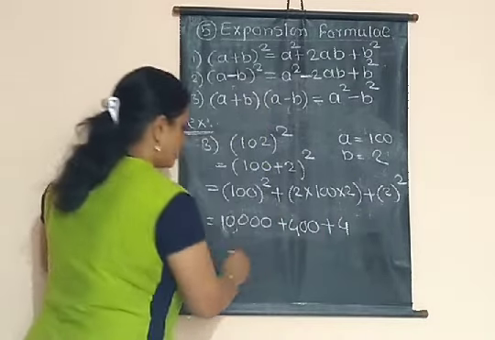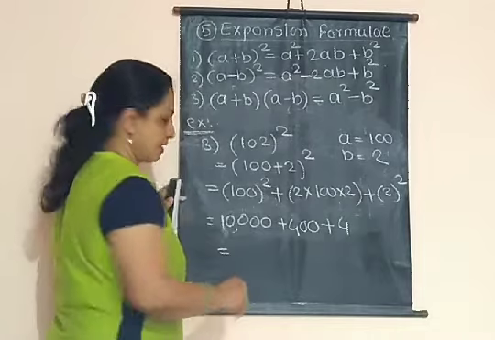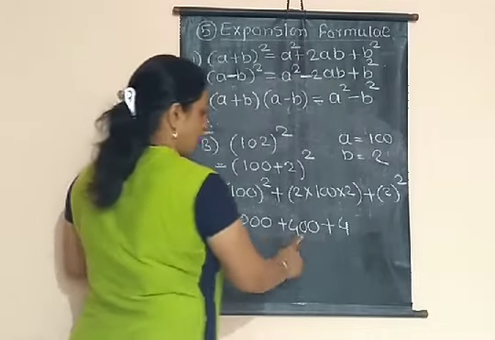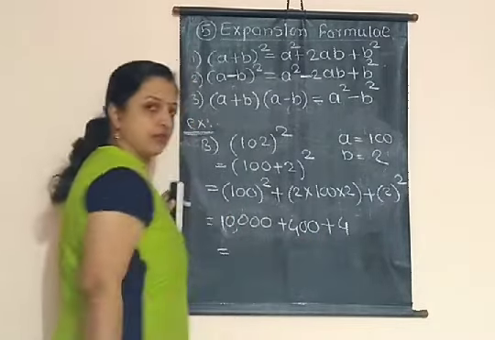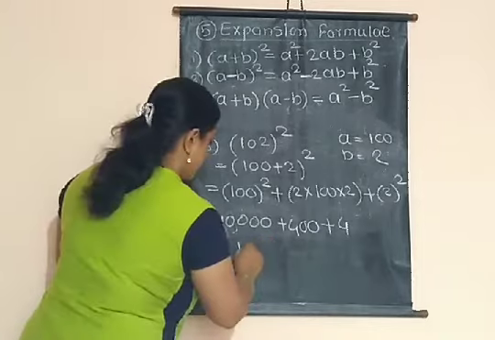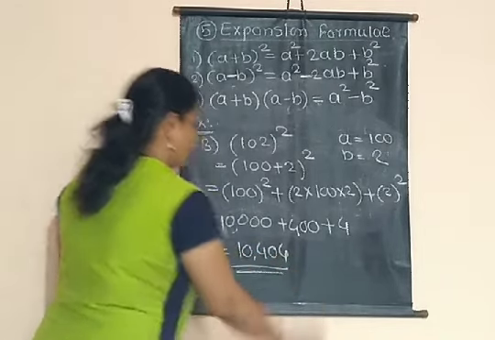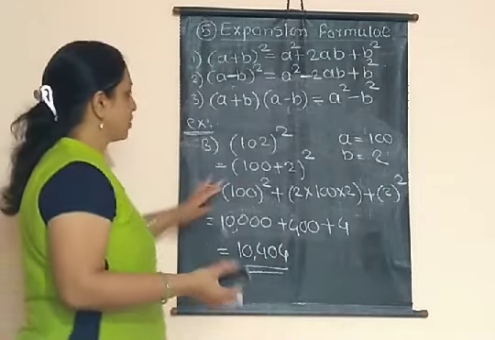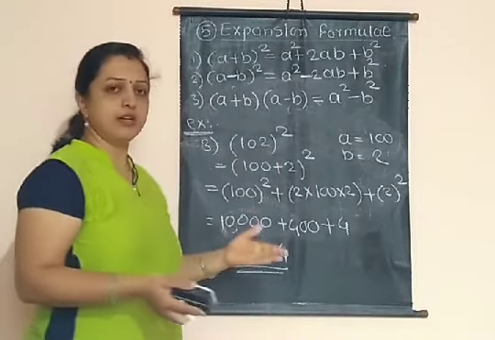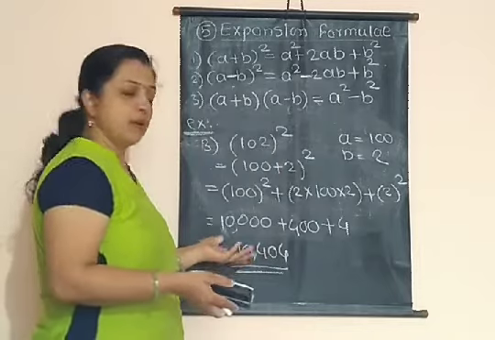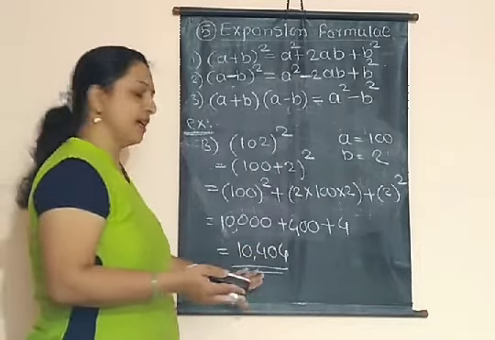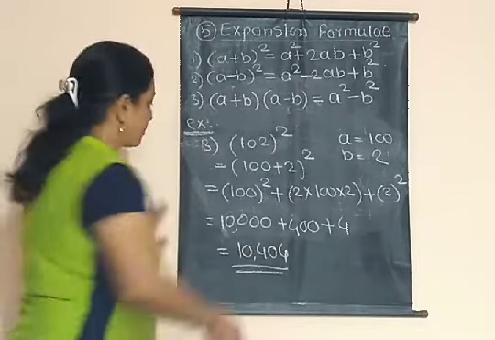So now take the addition of all these three terms. 10,404. Okay, addition of all these three, that is 10,404. So you will get the answer like this. Okay, that is the square of 102. You can solve it by simple multiplication. You will get the same answer. Okay.